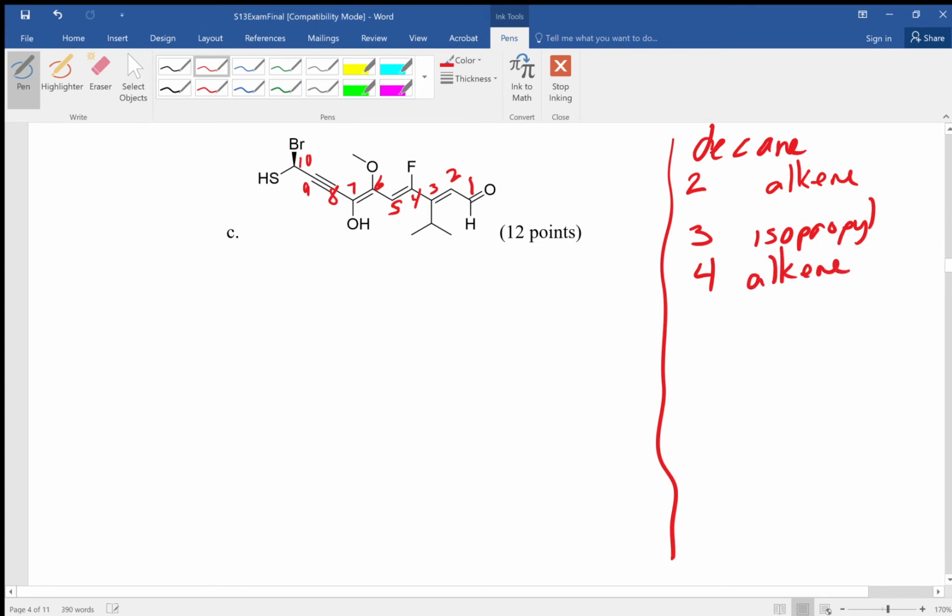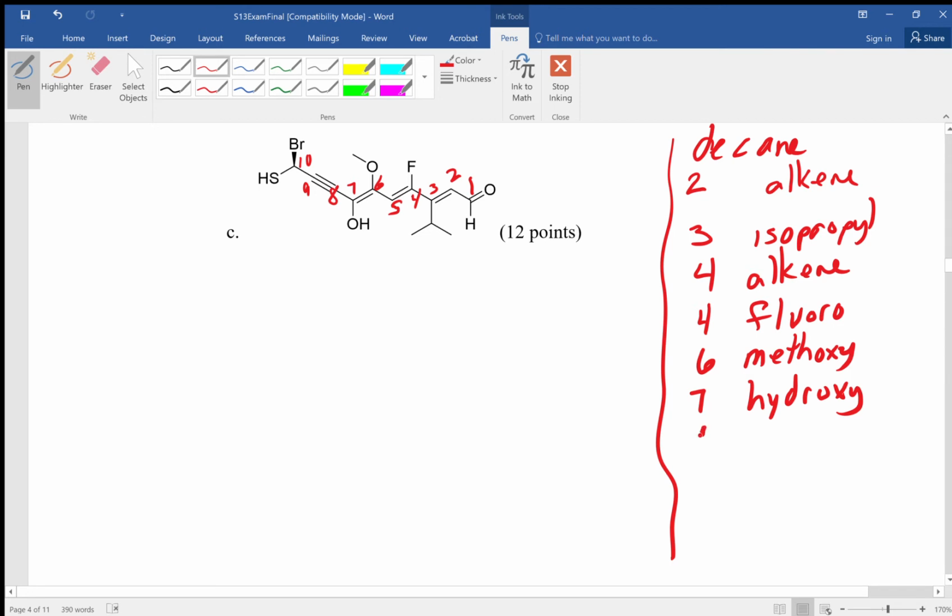We will combine them later. 4 also has a fluorine. 6 has an ether, which, because of the higher priority group, the aldehyde, we name as a methoxy. Same thing is true for the alcohol at 7. Call that a hydroxy.